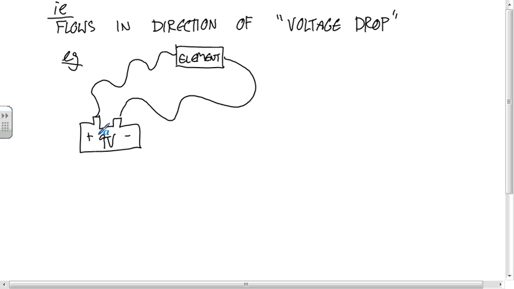Well, what this means is the high electric potential is on this side. That capital V is electric potential. Over here you have a low electric potential.